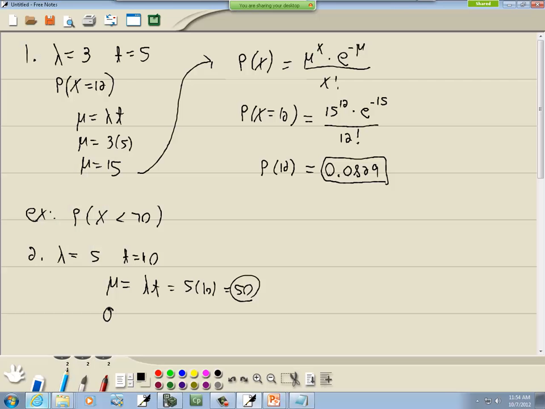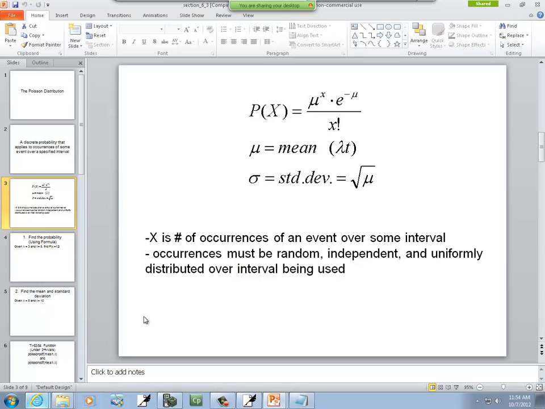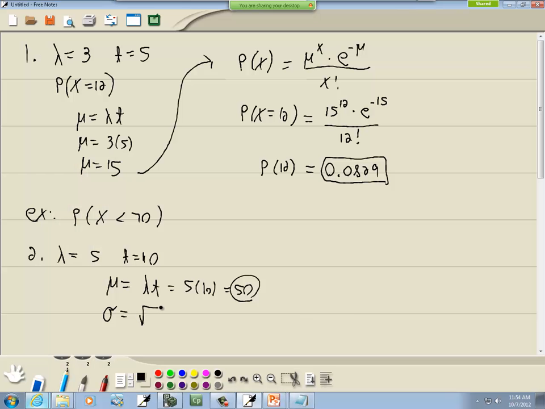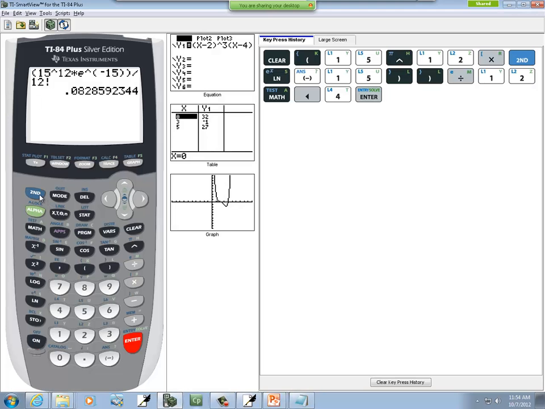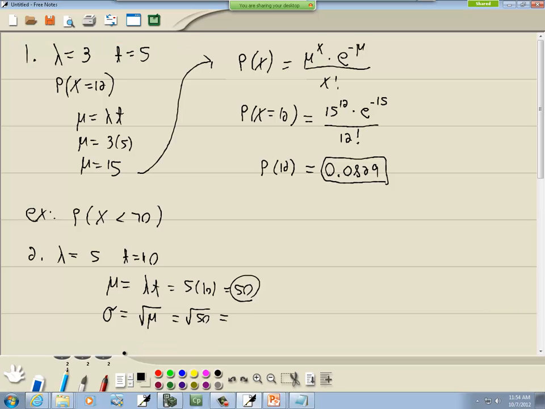And our standard deviation is equal to the square root of mu, which gives us the square root of 50, which gives us, to 2 decimal places, 7.07.